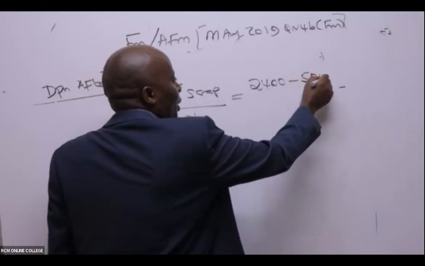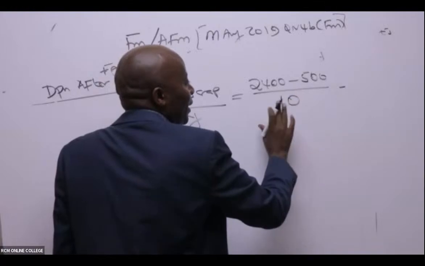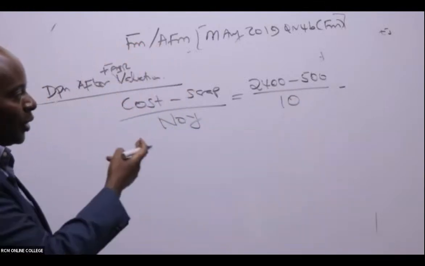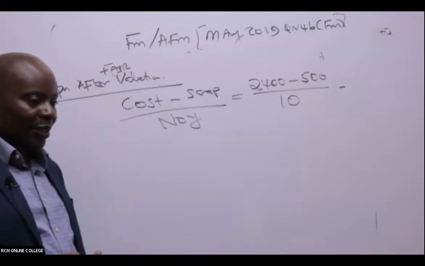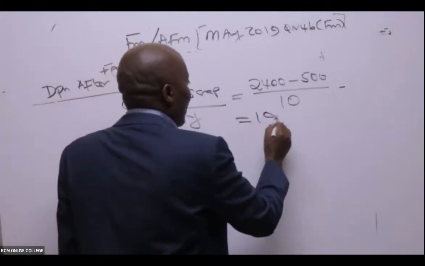Scrap value is 500. Divided by the number of years, these additional years, they are 10. So is there somebody who is able to give me this figure? 190, right? They're giving me a figure of 190.